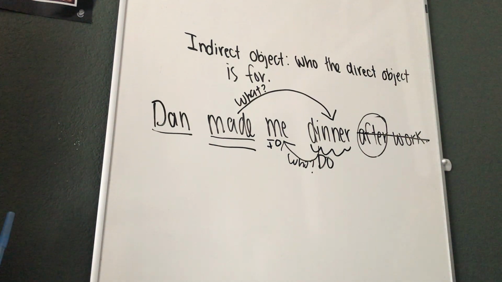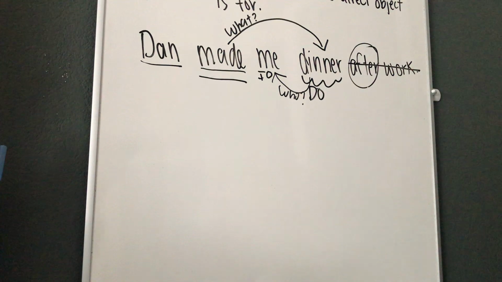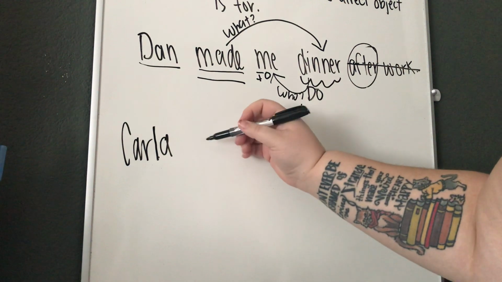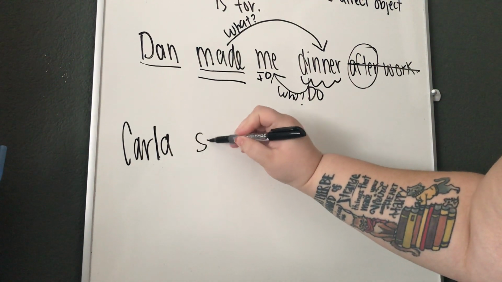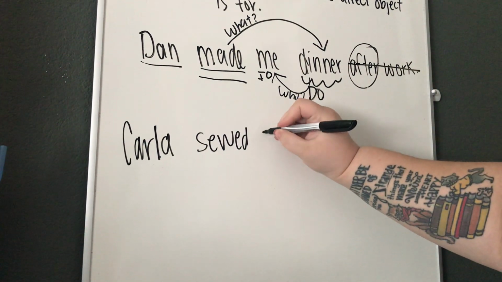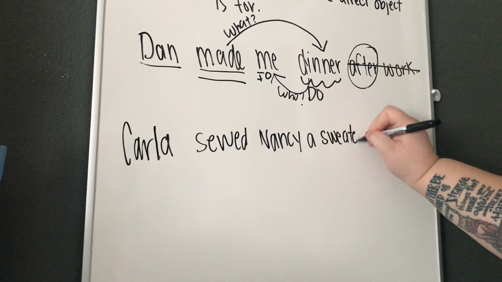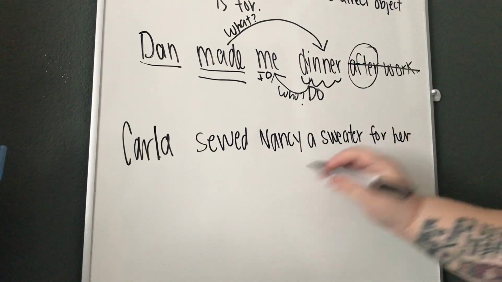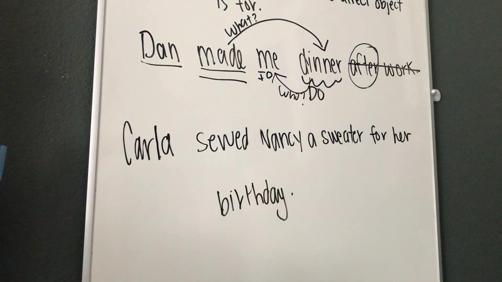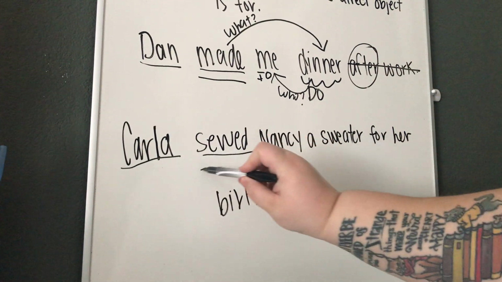Let's look at another sentence. Carla sewed Nancy a sweater for her birthday. Alright, so we have our subject, Carla, sewed.